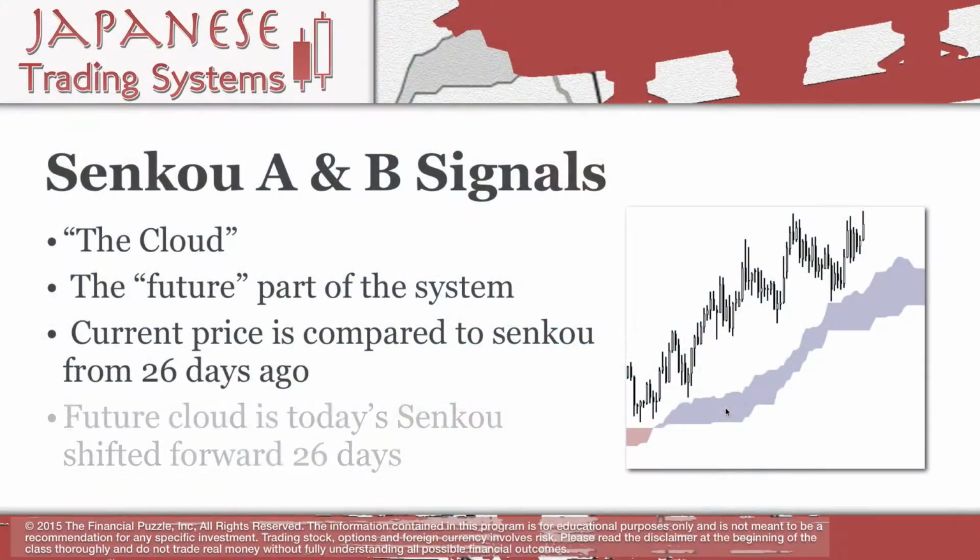So we're actually looking at today's price against the Senkou from 26 days ago, because the Senkou is 26 days in the future. The one that we see today is actually from 26 days ago. The future cloud, the part being drawn in the future, is today's Senkou, shifted forward 26 days.